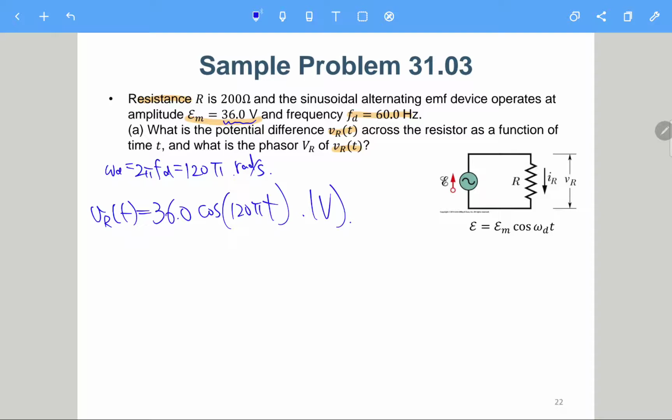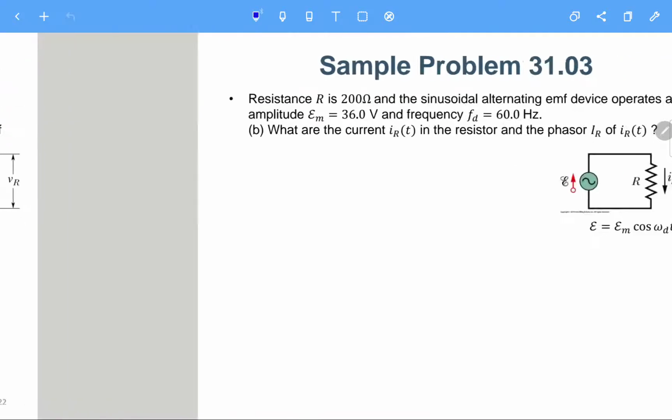So this is the time domain V_R of t, and the phasor V_R will be 36.0 volt. So this is the phasor.